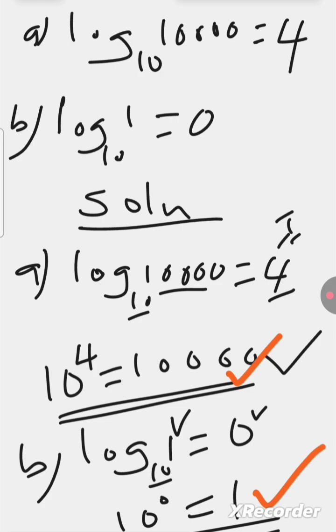In those examples, sometimes you can be asked to change logarithmic notation to index form, or change from index form to logarithmic notation. Once you understand how logarithms work, what is our number, what is our index, and what is our base, then it is very simple to solve such questions.